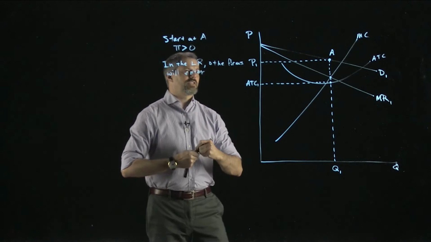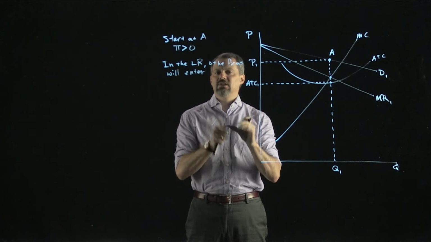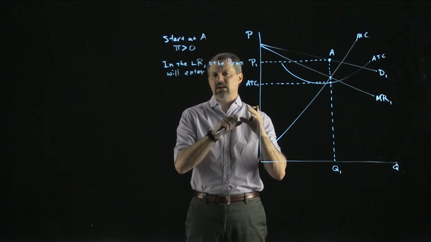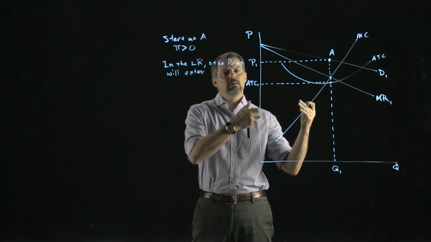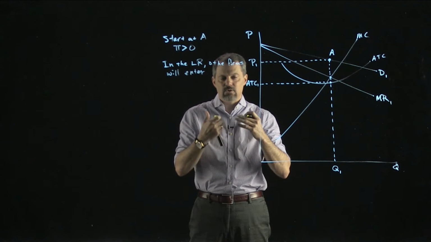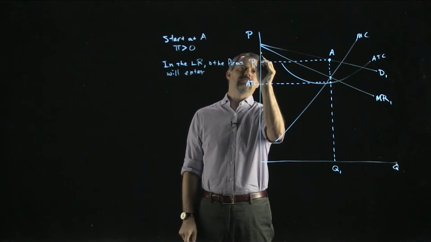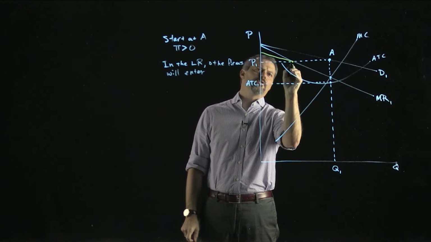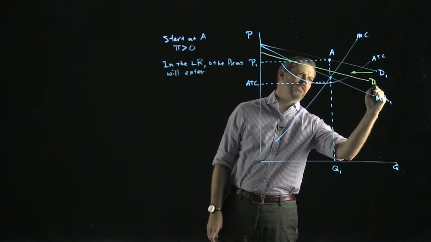So let's suppose there's some entry that's taking place. Entry will continue until profit goes to 0, but I'm going to draw kind of an intermediate step where there's been some entry, but not as much entry as there's going to end up being when profit equals 0. So let's suppose there's enough entry that the residual demand curve that this firm faces shifts to the left to D2.